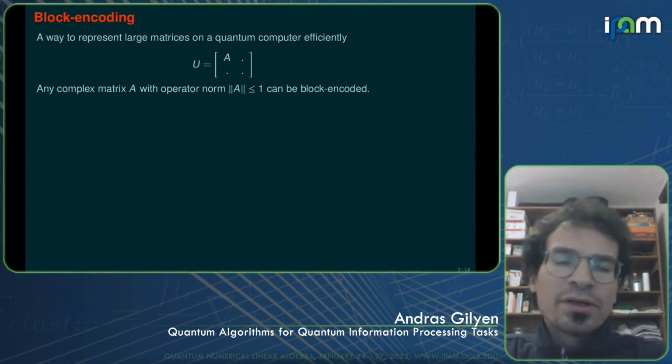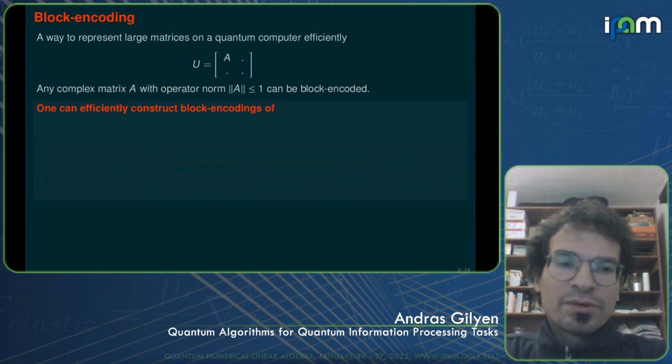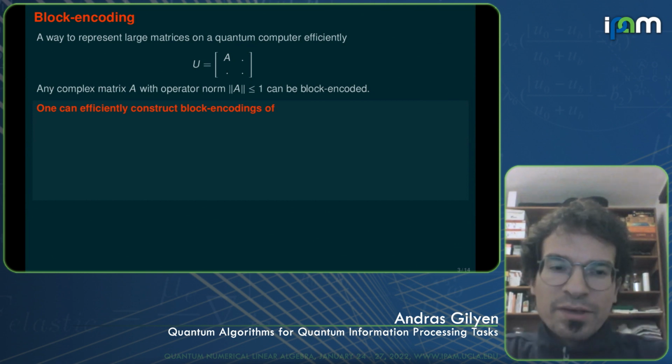In principle, for any matrix A which has operator norm at most 1, we can find a unitary which block encodes it. But the key is to find a unitary which is also efficiently implementable, and that's the challenge. And one can efficiently construct such block encodings under various conditions.